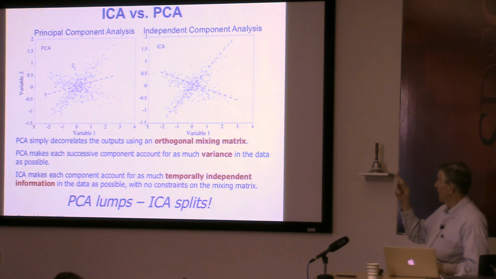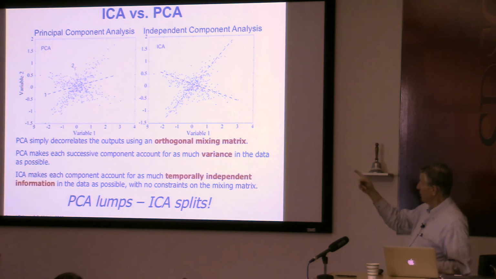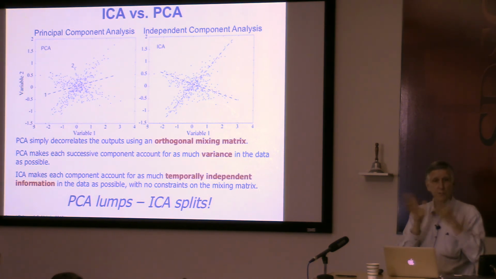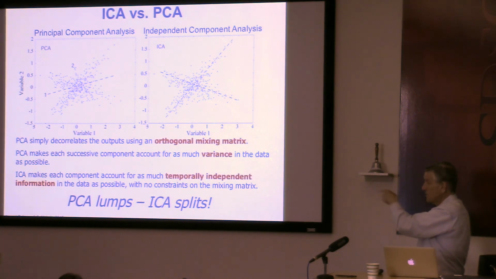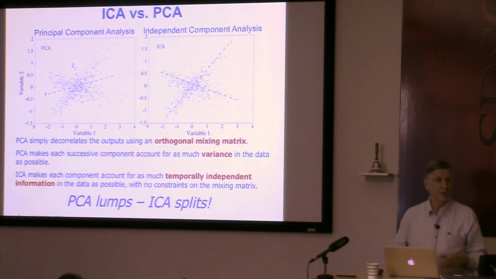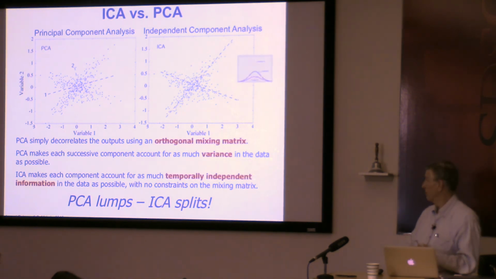So PCA lumps together as much variance as possible in each successive component. PCA lumps, ICA splits into separate information sources. Okay, so they're both linear decompositions, but they have completely different goals and therefore different results.